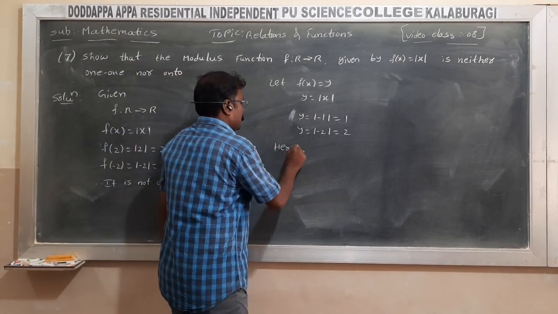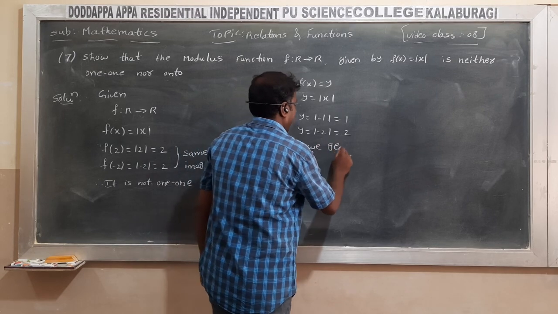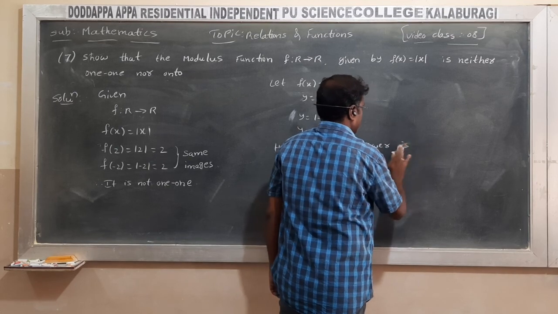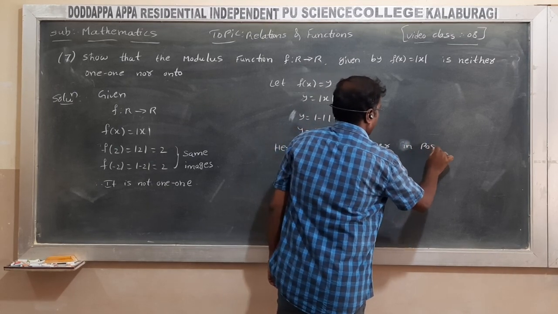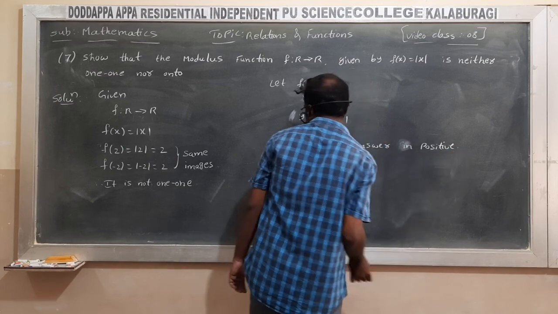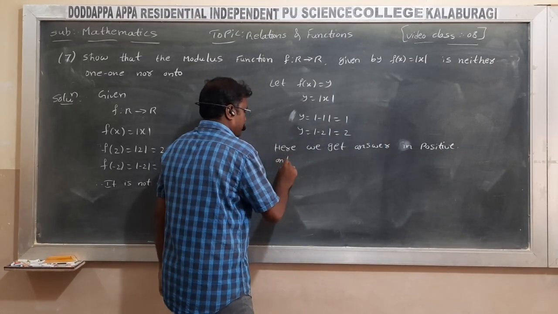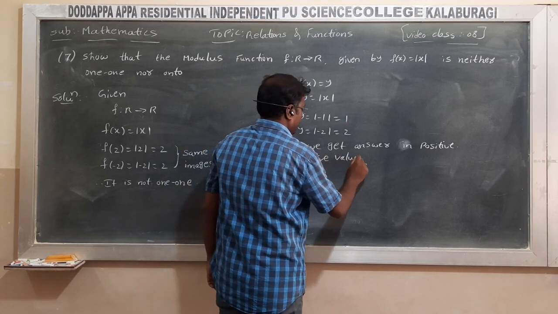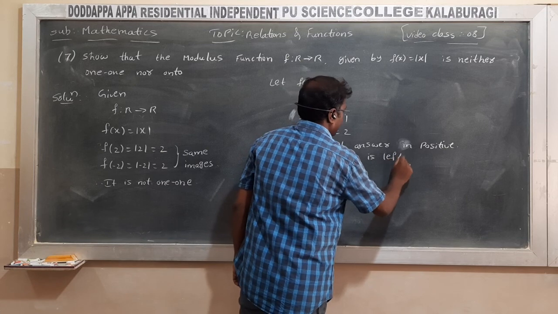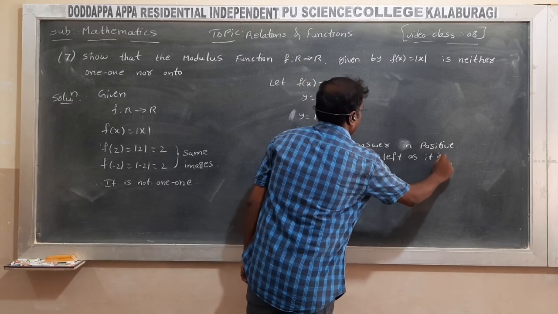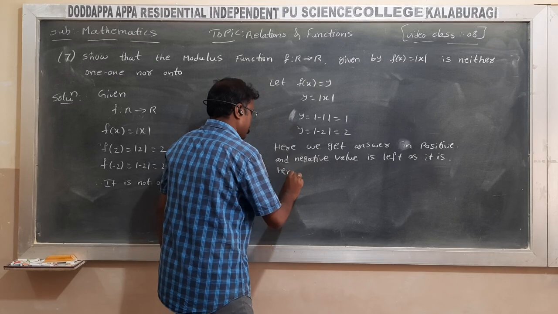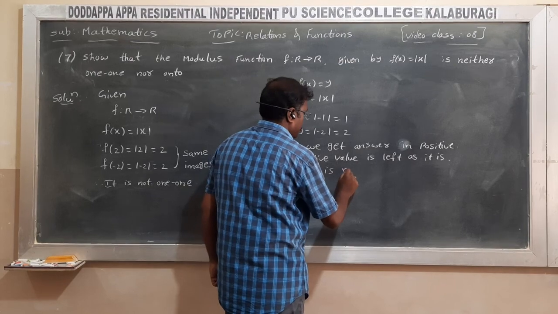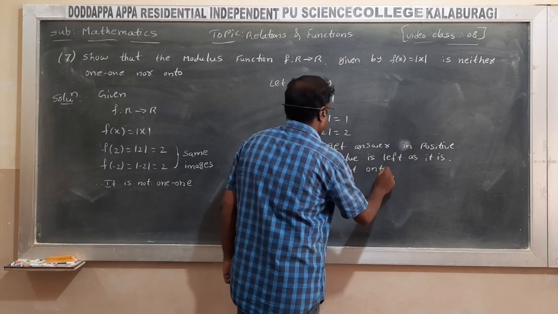Here we get answers in positive, and negative values are left as they are. Hence f is not onto.